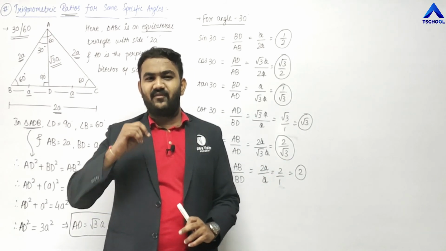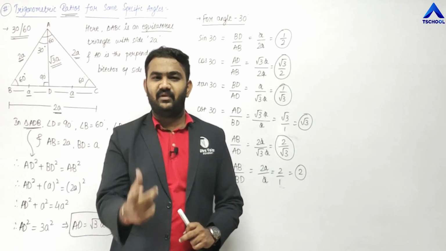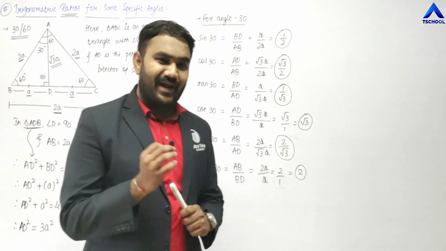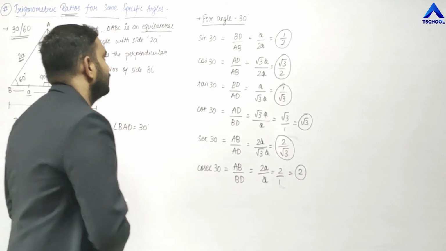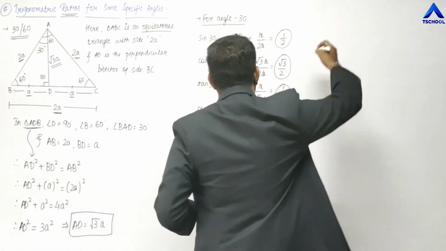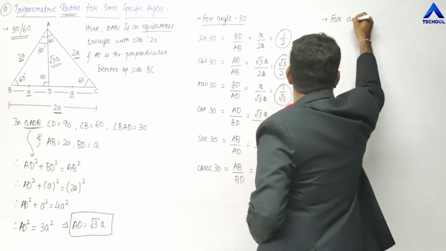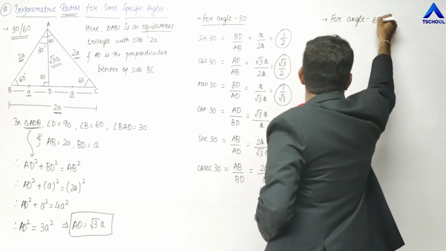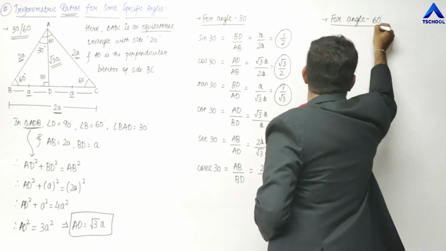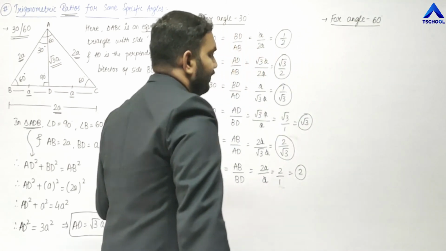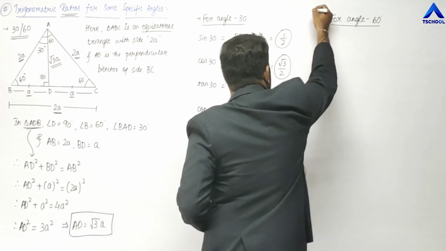If I ask you in the class to speak up the values, you must remember each and every value at the tip of your tongue. Okay, so let us see angle 60 now. Again, what we did for 30, we will do the same process for 60 here.